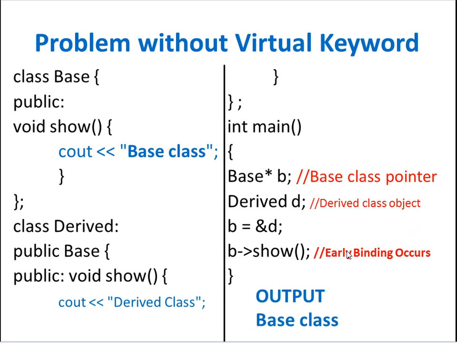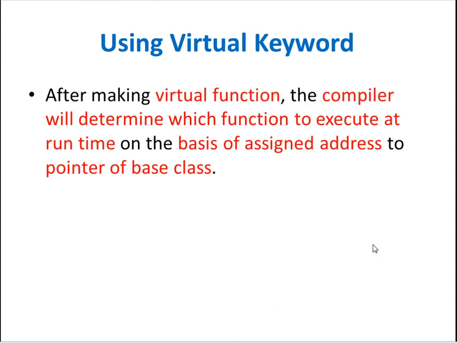The code is the same. Everything is the same, even the base class pointer assigned to the derived class object. Still, runtime polymorphism is not happening here; compile time polymorphism is happening. This is another difference. Without the virtual keyword, it is compile time polymorphism, not runtime polymorphism.